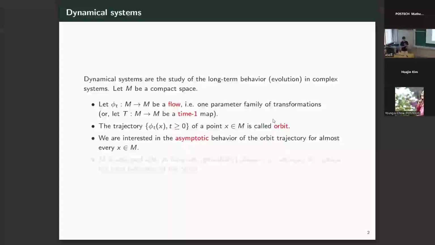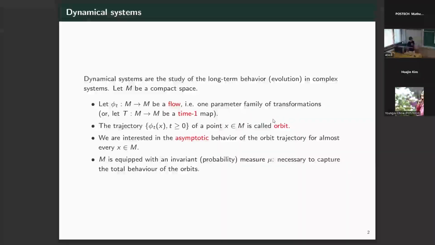That is known as the butterfly effect. So in dynamical systems, we like to say that almost every point has some common behavior. That is one idea. And if you consider M as a compact space, it's not always, but mostly we have a measure. This is an invariant probability measure, because we want to know what the typical behavior of the orbits will be.